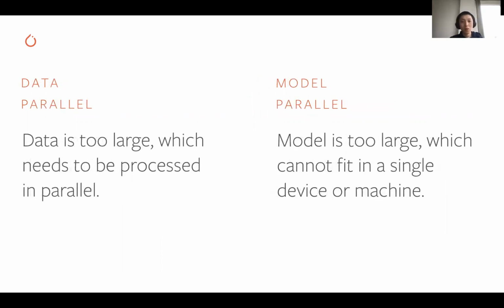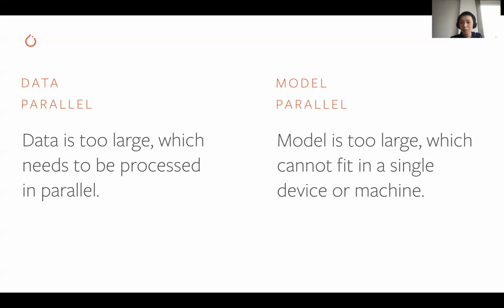In distributed training, there are two popular paradigms. The first one is data parallelism, which solves the problem where the data is too large and we need multiple resources to process that data in parallel. In this case, usually there will be multiple models. Sometimes we have one model replica per device, and then those model replicas will be synchronized across different devices.